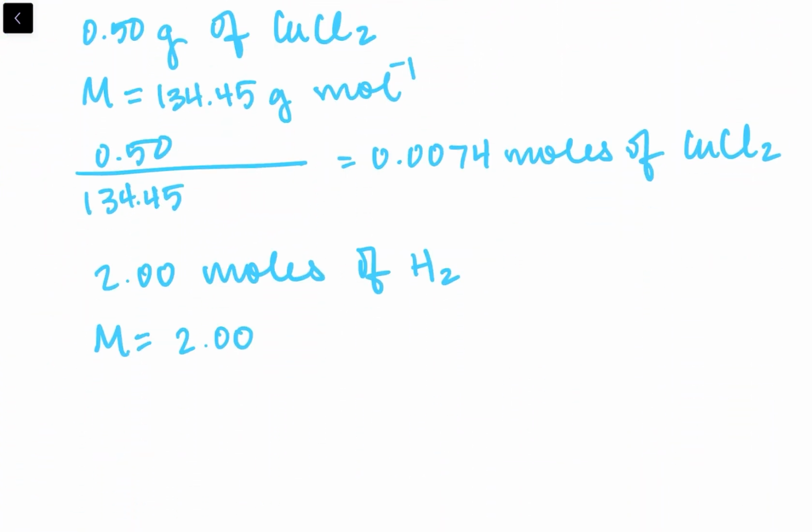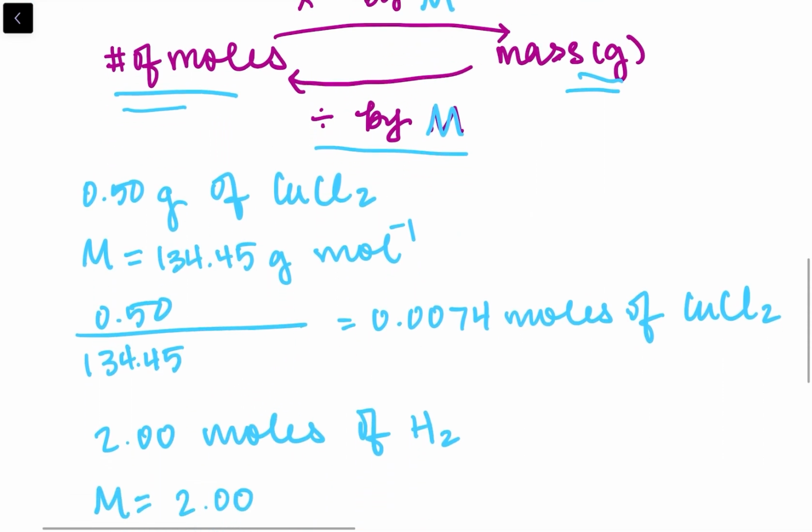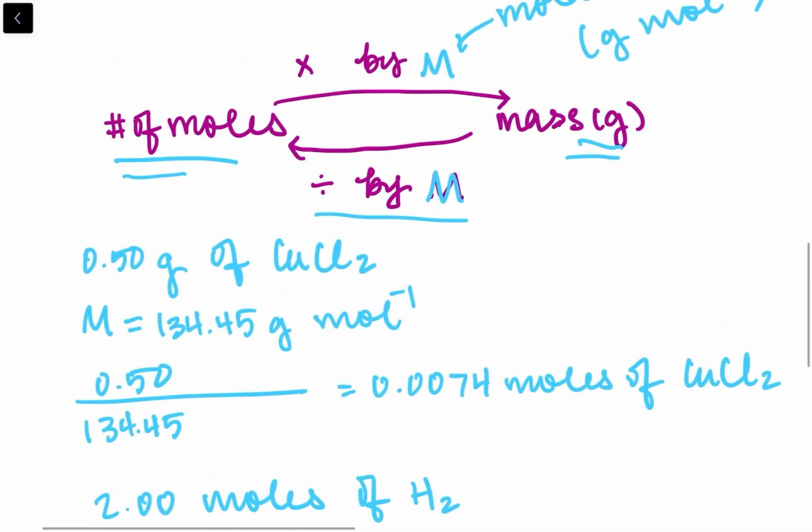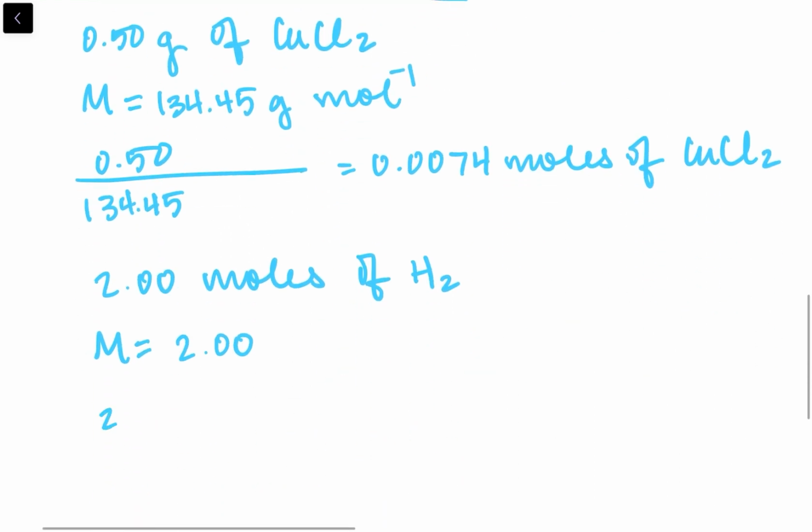So the molar mass is 2. Now when we go from moles to grams, we multiply by M. So it's just 2 times 2, which is 4. So we have 4.00 grams of H2.